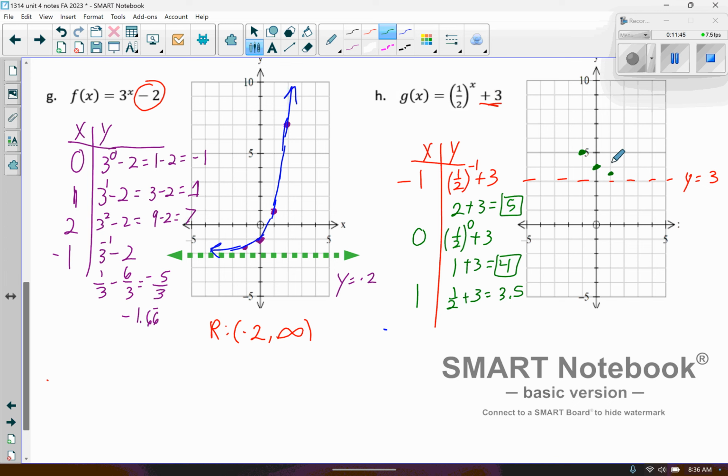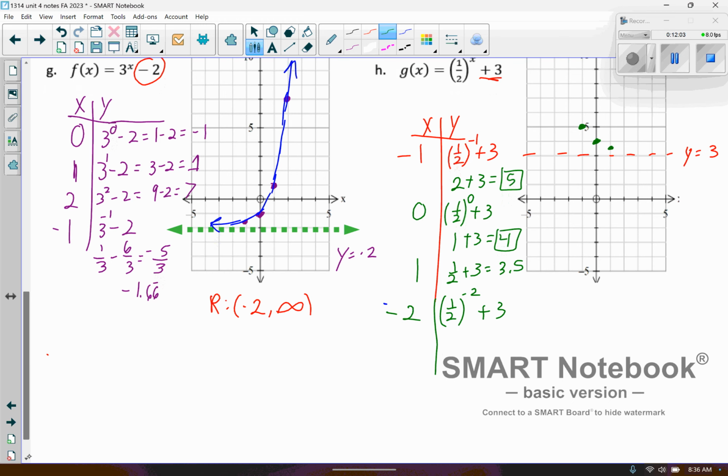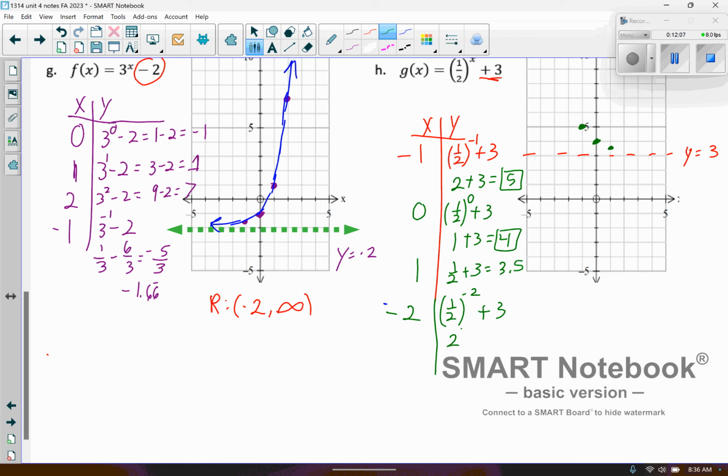But if we want to get a little extra practice, I'm going to go ahead and plug in -2, so I can get another one going up right here. So we're going to have 1/2 to the power of -2, and then plus 3. You have to take the reciprocal here, and then that becomes a positive exponent.